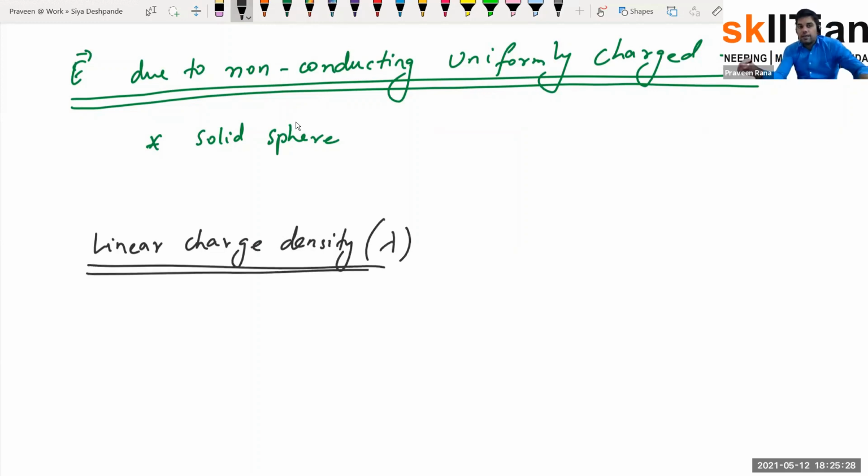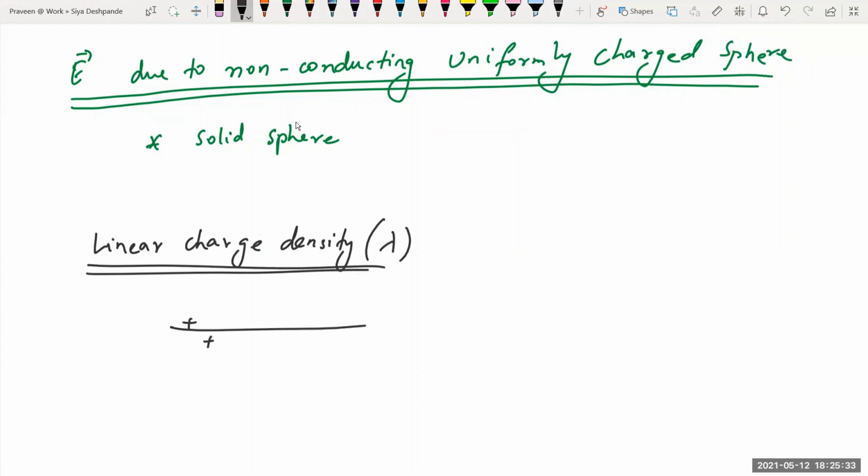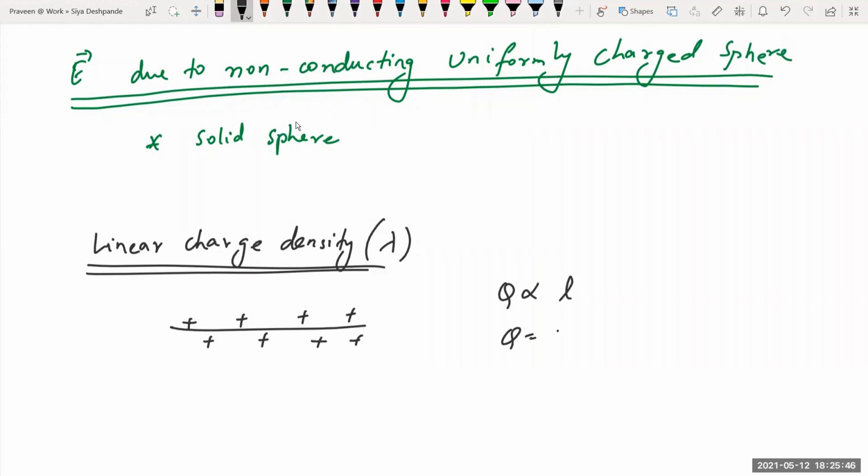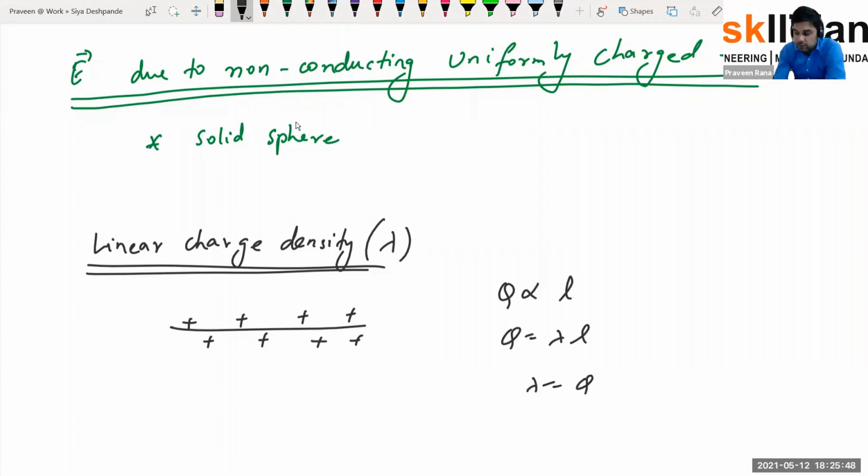Let's just say you have a line, and I have kept a charge along this line. If I increase the length of this line, the charge on this line is going to increase. So there will be a constant, lambda, and lambda is equal to Q over L.